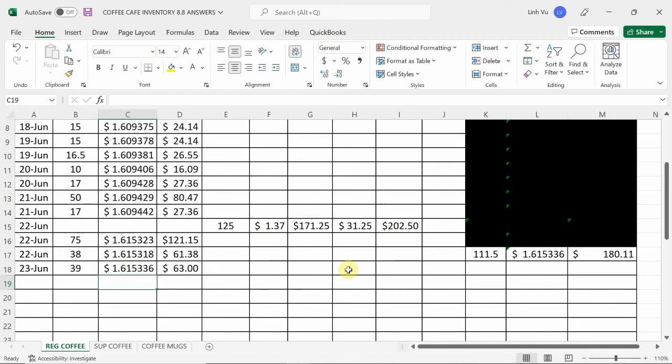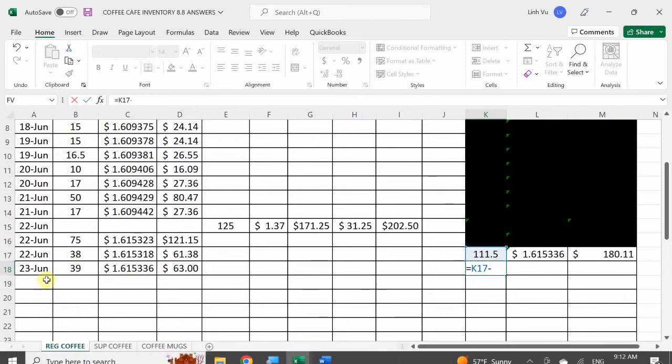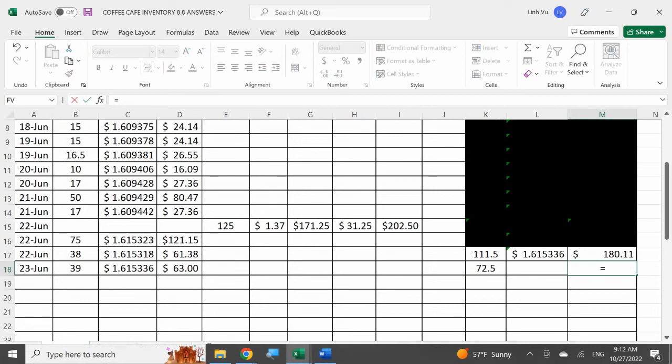Okay. So therefore, I need to update my inventory, right? Because I no longer have 111.5 pounds anymore. I just used 39, so how much should I have left? 72 and a half. 72.5. What about my total cost here?